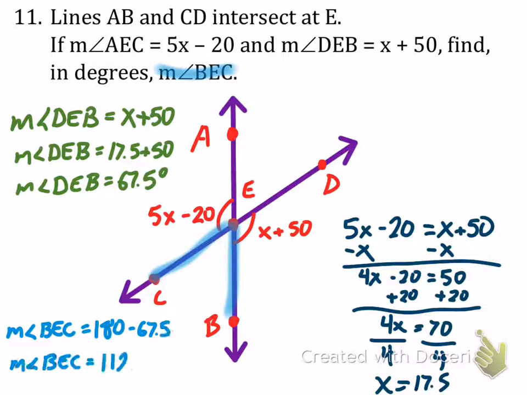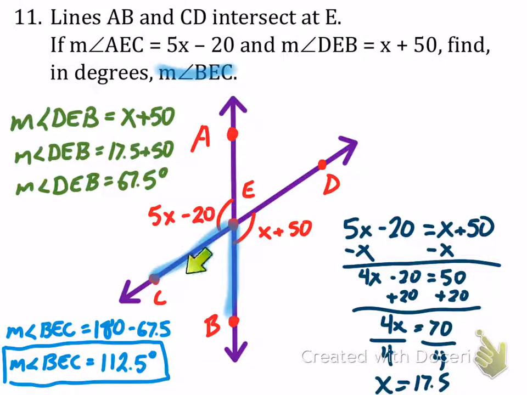But I want to find BEC. So I know that these two angles are supplementary, so I can use that to figure out BEC. So the measure of BEC equals 180 degrees minus 67.5, or 112.5 degrees. So that's my solution. I hope this helps, and please let me know if you have any questions.